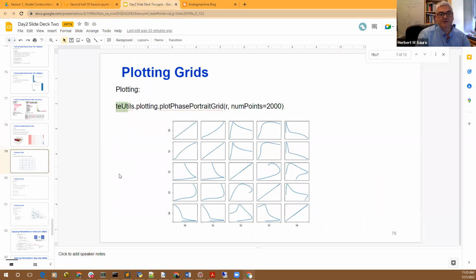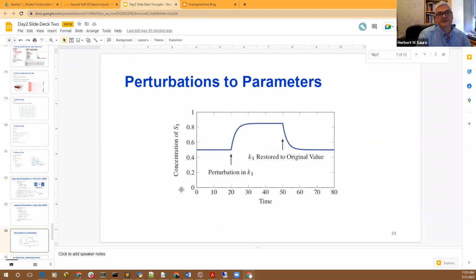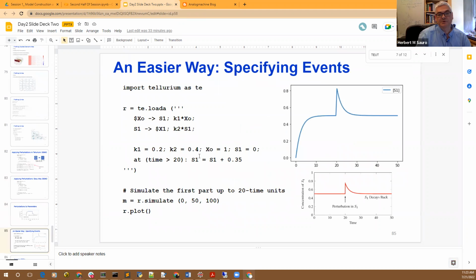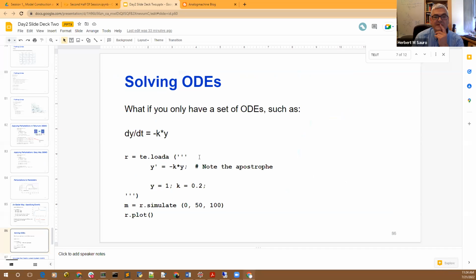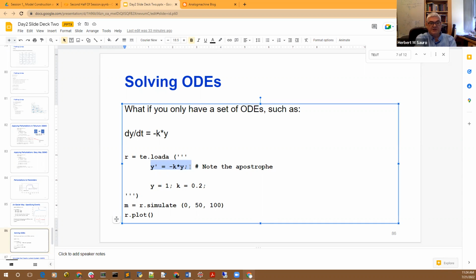The only other thing I've got here is using events to do perturbations, but you've seen that really. You're using the at function in Antimony. The other thing is that you can use Antimony to model just differential equations. To model a differential equation, you use a prime or quotation mark to indicate dy by dt.